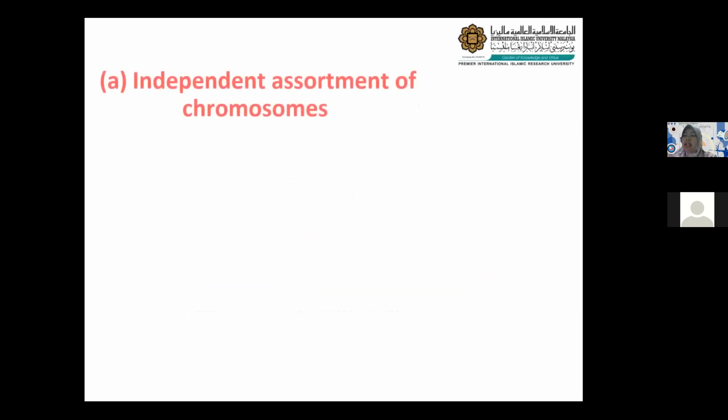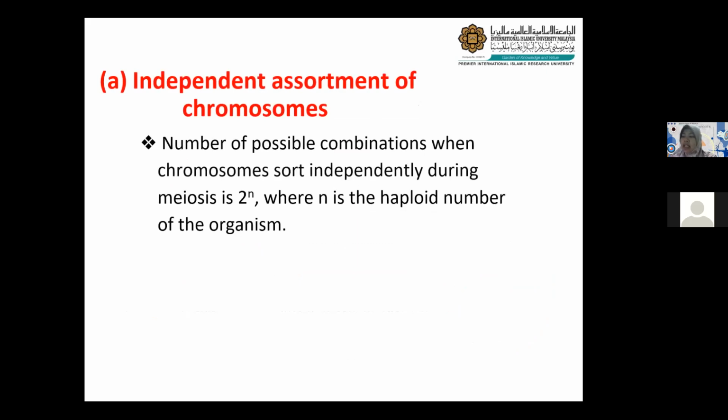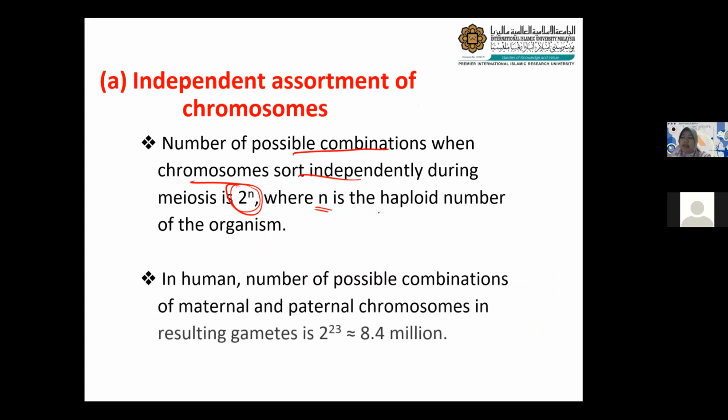Okay, right. Now let's see the explanation for independent assortment. In independent assortment, the number of possible combinations when chromosomes assort independently during meiosis is 2 to the power of n, where n is the haploid number of the organism. Let's say for human, our haploid number of chromosomes is 23.